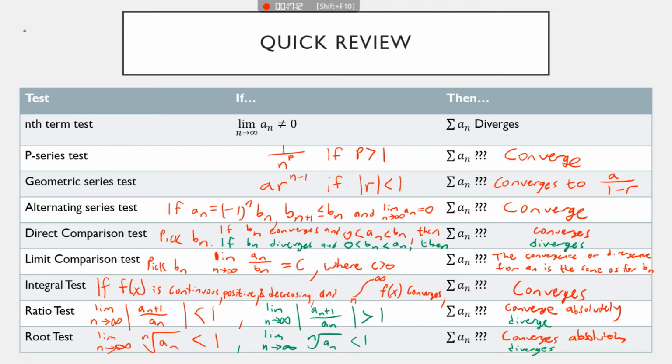Okay, so if I had the sum from n equals 1 to infinity of -1 raised to the nth power over n, then this would converge conditionally.